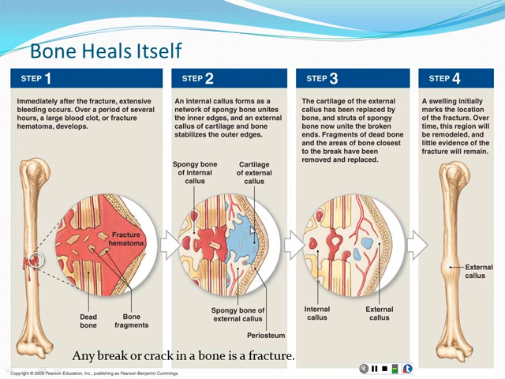And then on the outside, we get a cartilage callus that forms to keep the outside lined up as well. So we have an internal and an external callus that creates a splint or a strut to keep those bones aligned. And then eventually the cartilage is replaced by bone, both inside and outside. So now our cartilage, our hematoma, and our internal callus have all been replaced by spongy bone. Now, that looks kind of sloppy.